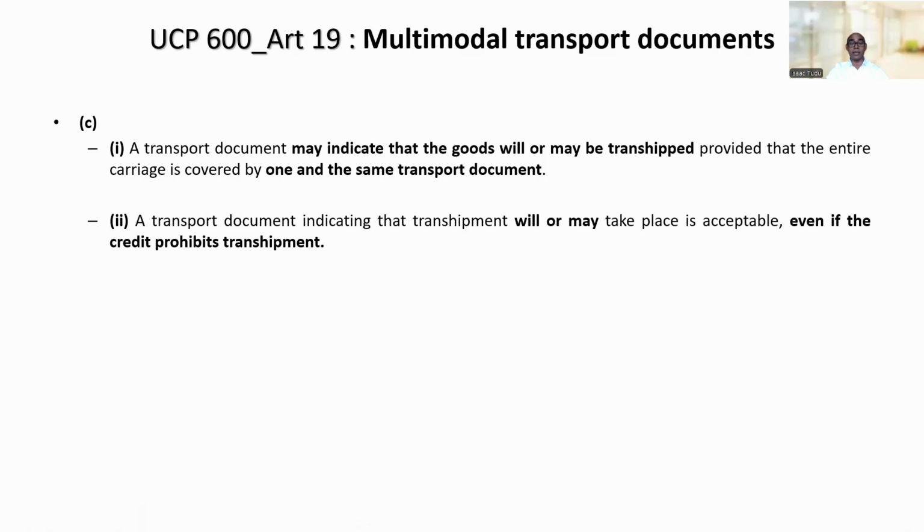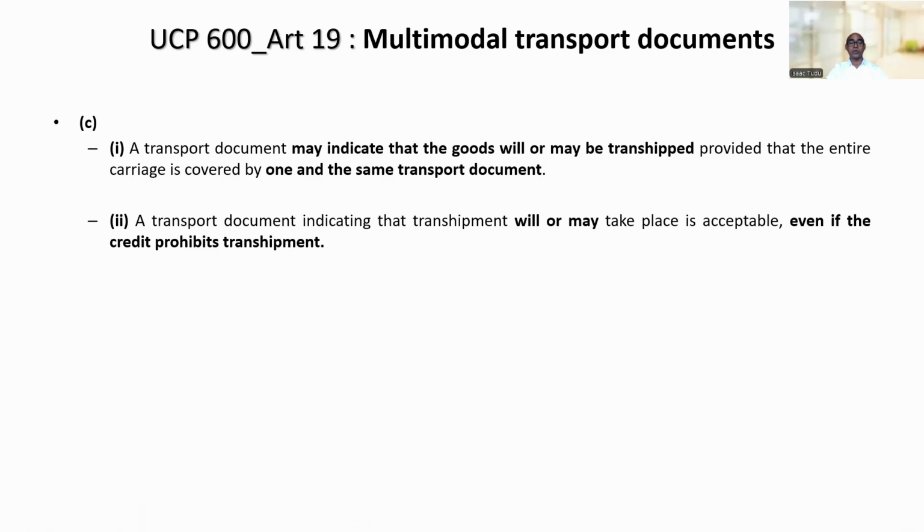Despite that, it is allowed, as transshipment always occurs when more than one mode of transport is involved. This sub-article provides a definite rule where an LC in error contains a condition that transshipment is prohibited. Again, I will say that in case of a multimodal transport document, transshipment always should be allowed. It is going to happen.